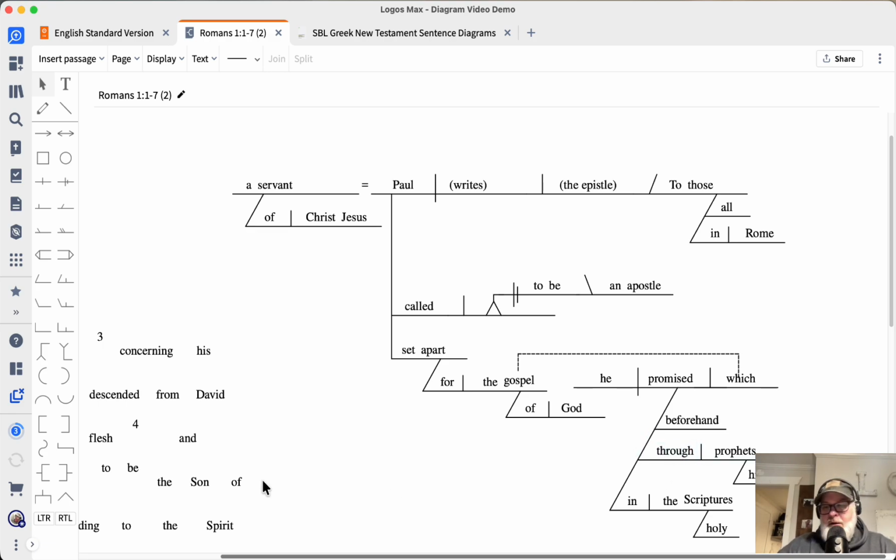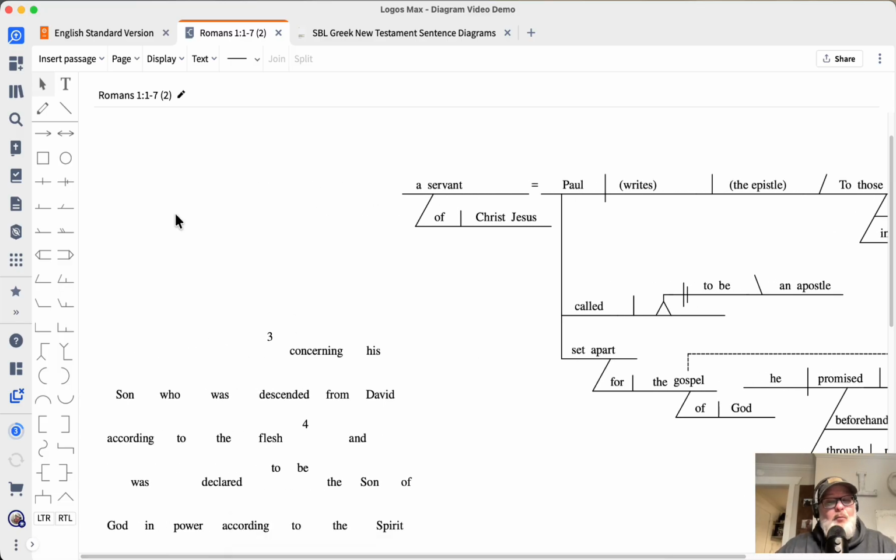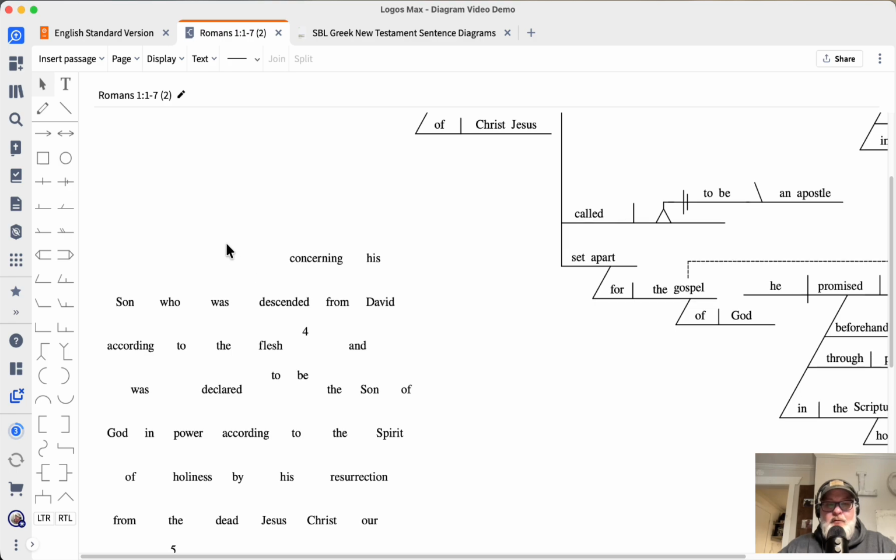So shouldn't it modify an adjective? It's answering more of how than it is to whom. And so, like I stated in one of my written tutorials, most of the prepositional phrases you encounter are going to be adverbial. They're going to modify another verb in one way or another. Some of them will modify adjectives, nouns or pronouns or something like that. But for the most part, prepositional phrases are going to modify another verb.